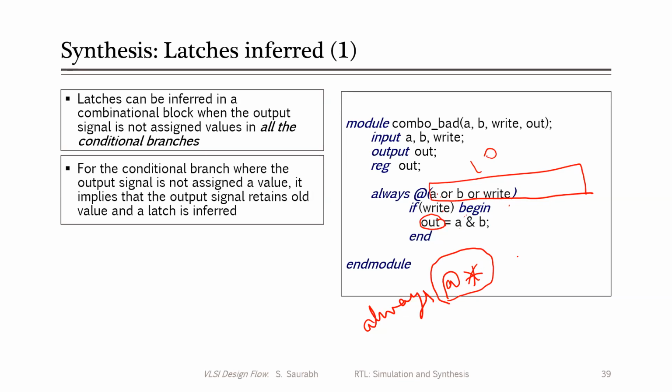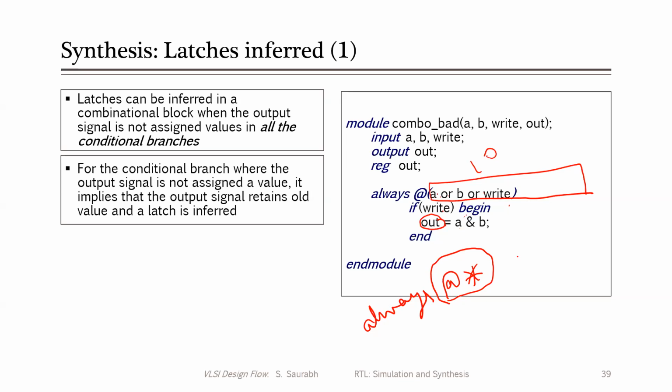If you miss some signal, what can be the problem? Any answer? Suppose you write always @ and A, B, and there was a list of signals on which your always block should be triggered, and you miss some signal. What will happen? Any guess? In this case, your synthesis and simulation results will mismatch.